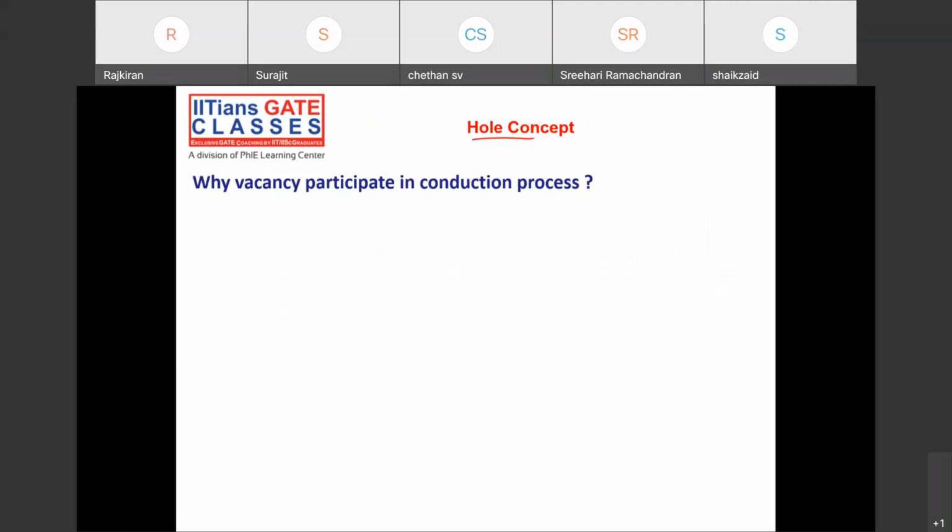I have already summarized it, but I will give you a clearer picture. Suppose you take a semiconductor and apply a voltage.